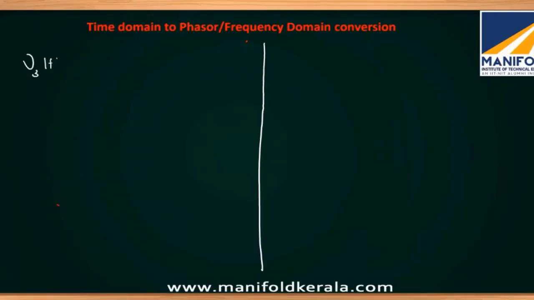V3 of t is equal to minus 10 by root 2 into sine of omega t plus 90. Can someone tell me what is the phasor value?